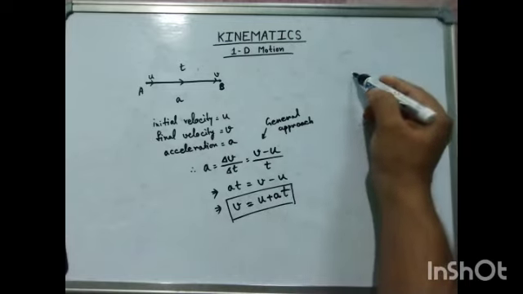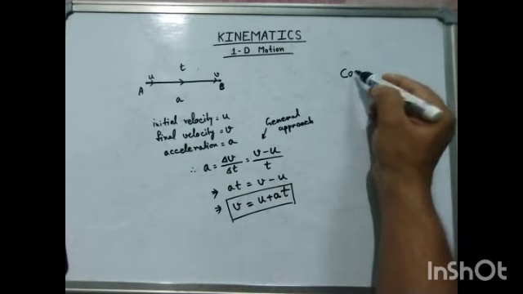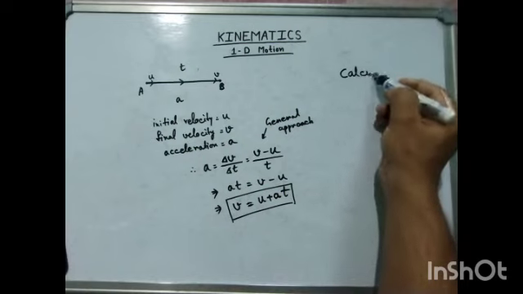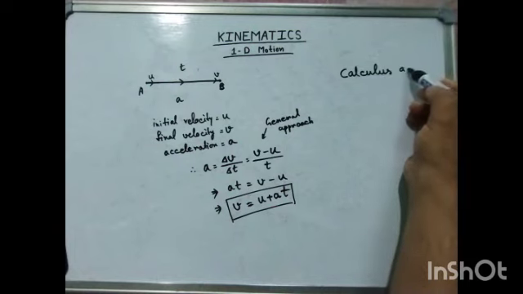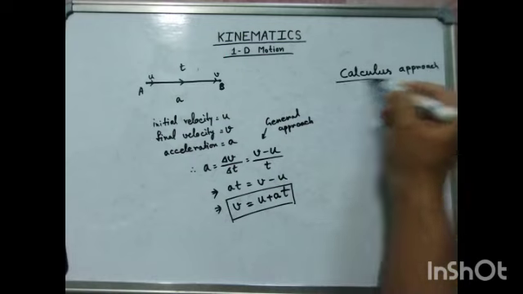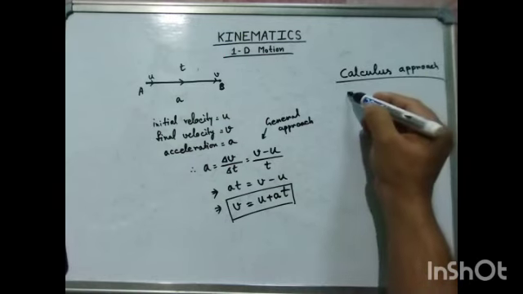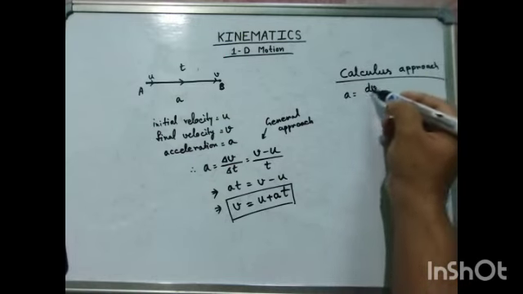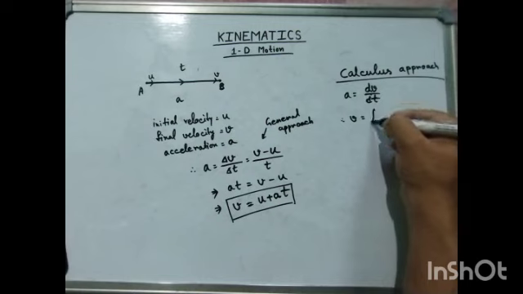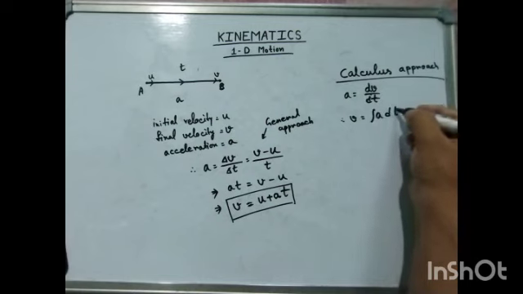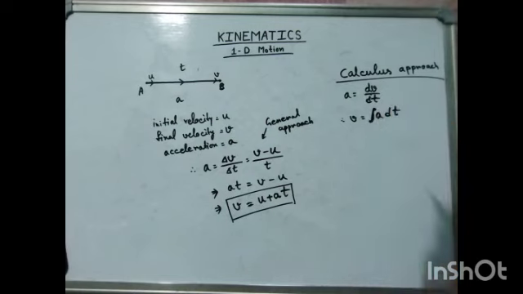Now we will try it from knowledge of calculus. So we will see the calculus approach. We know from calculus a equals dv/dt. That means v equals the integration of a dt, because integration means anti-differentiation.